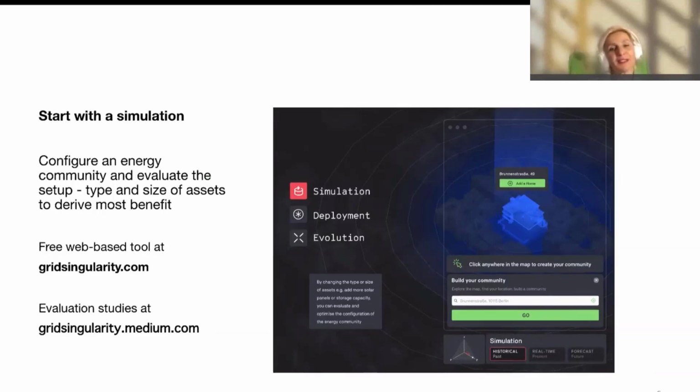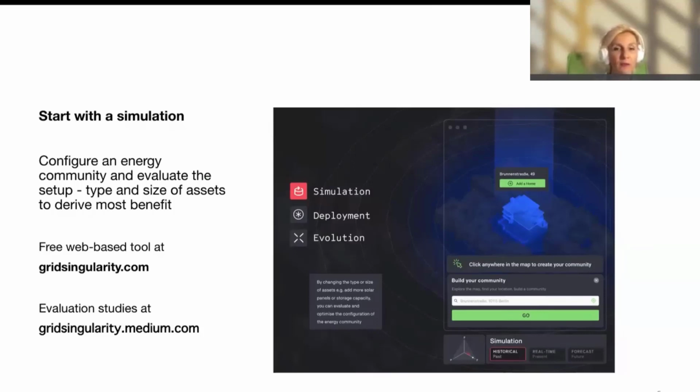Where do you start? So you start with a simulation, and this simulation is a free web-based tool, which is hosted at gridsingularity.com. You simply start by going on a map and finding your street, your home in that street.